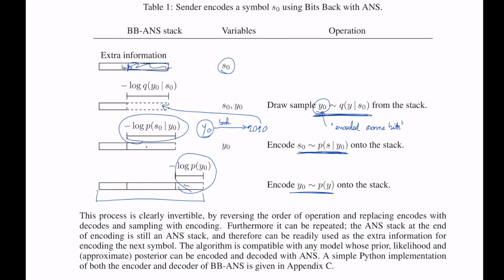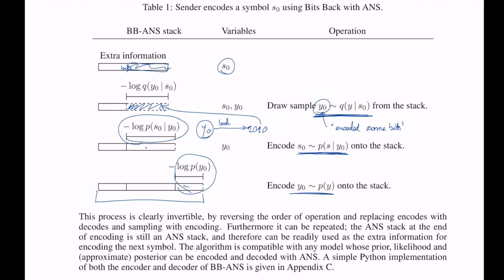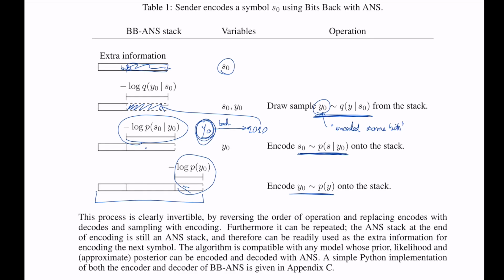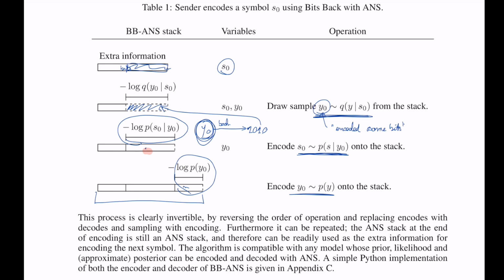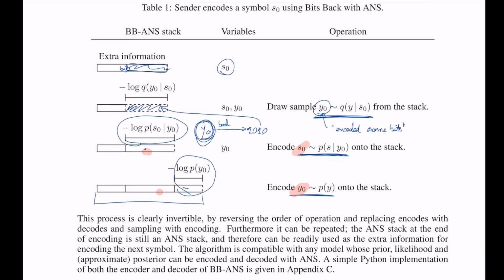The whole point being that these bits that were there, they are not sent, or better said, they are sent implicitly using this Y0. So we save them. The actual bits that we send are for encoding this one and encoding this one.